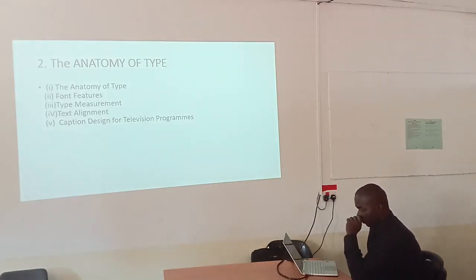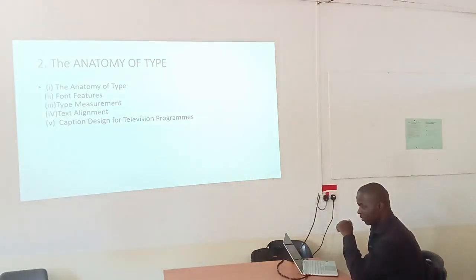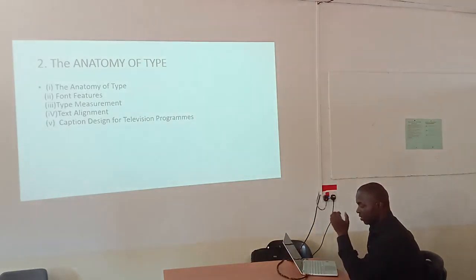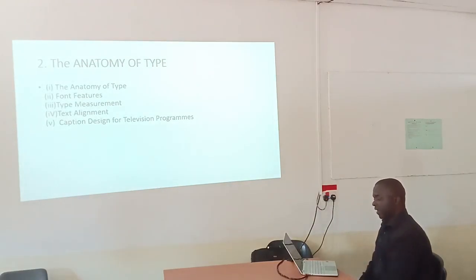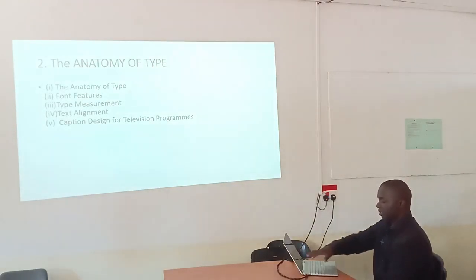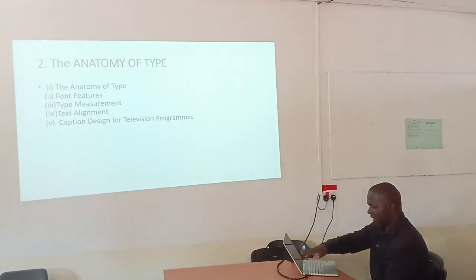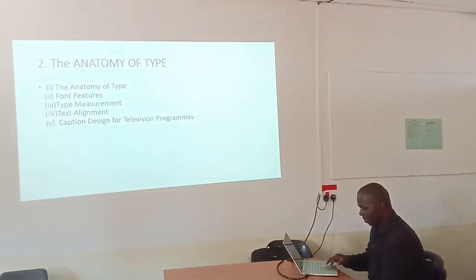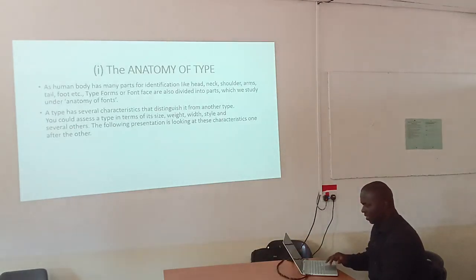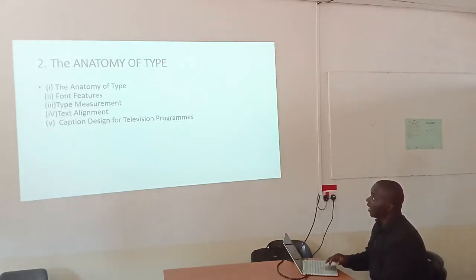So the anatomy of type, we studied this last time: the anatomy of type itself, then font features, then type measurement, then text alignment. The last part we're also going to look into, but it feels like a separate area.